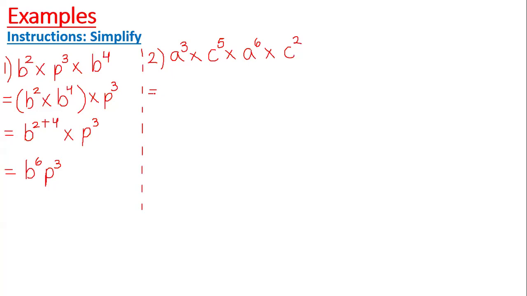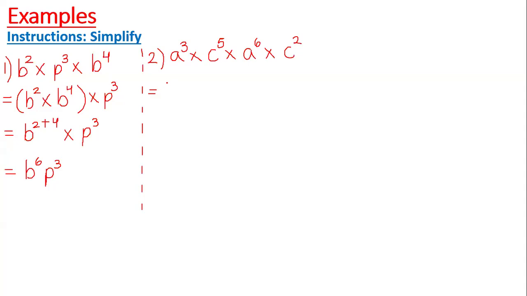She's saying A to the 3rd power times A to the 6th power, so the final answer would be A to the power 9 and C to the 7th. And Harmony says it can be A to the power of 14 and C to the power of 2.